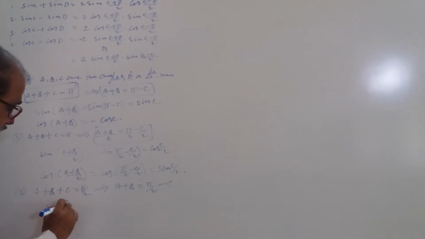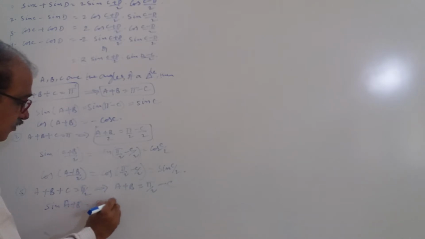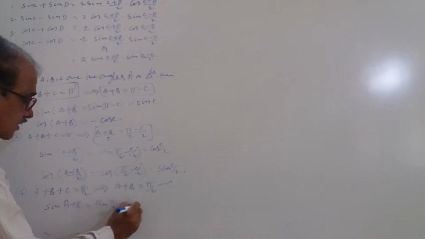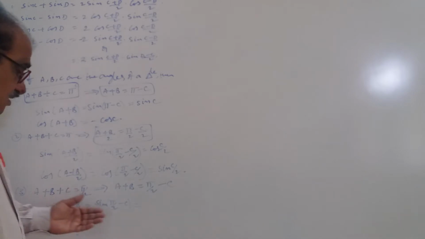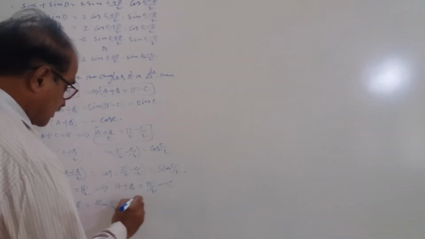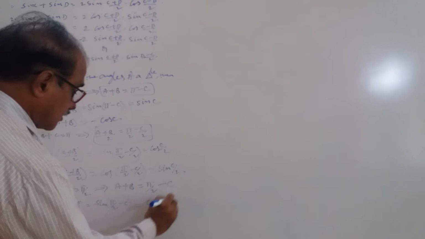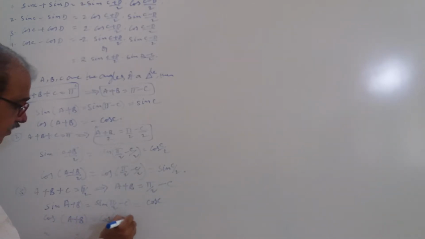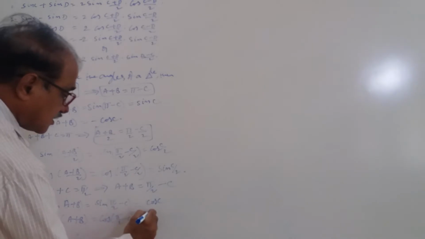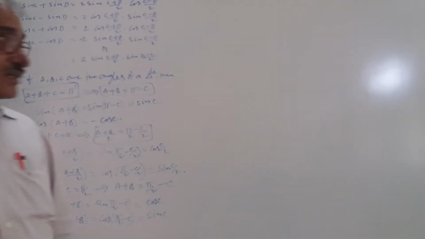Sin (A plus B) is equal to sin (pi by 2 minus C). Sin changes to cos and it belongs to the first quadrant, so that is equal to cos C. Similarly, cos (A plus B) is equal to cos (pi by 2 minus C), cos changes to sin, so sin C.